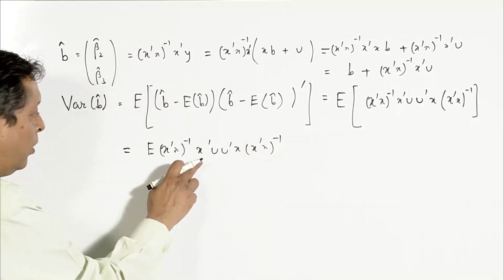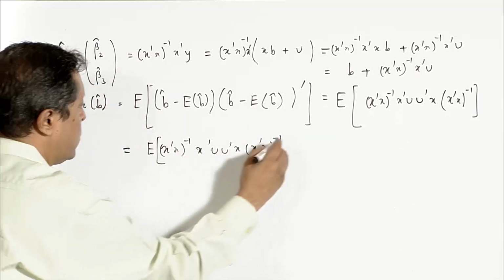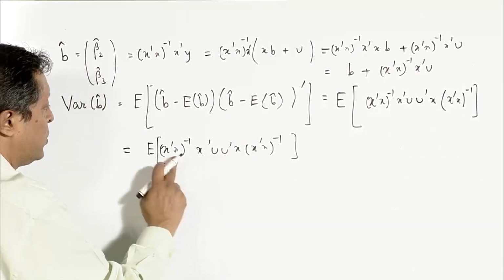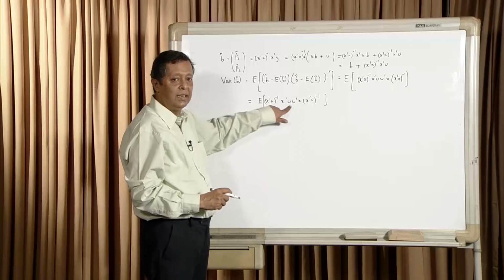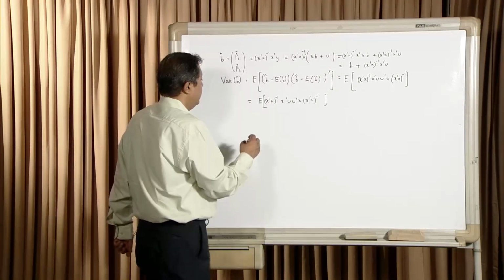But all of the x's are non-stochastic. It is only the u vector which is a stochastic variable.